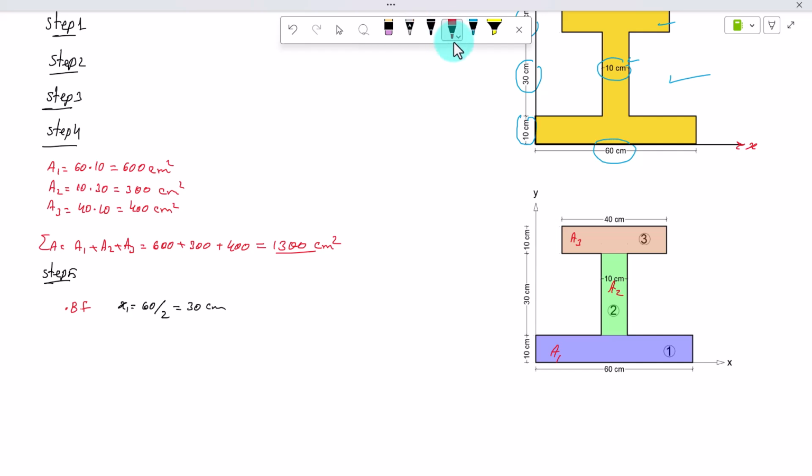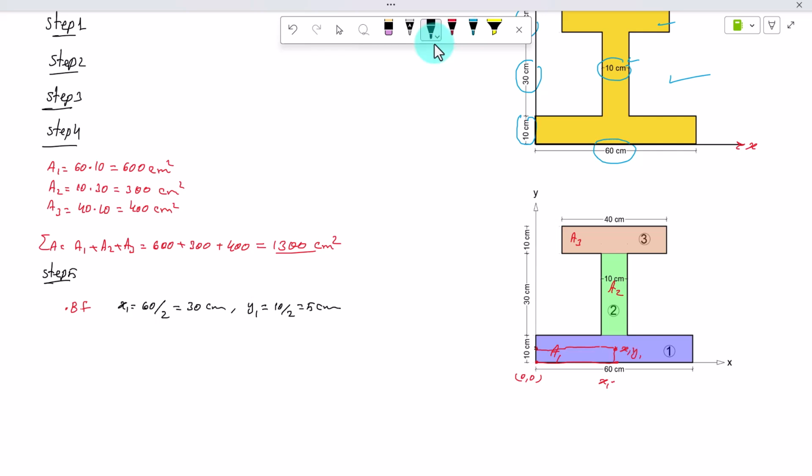Our origin point here is 0,0, from here to here. This is x1. Now we can write y1. y1 equals 10 divided by 2 equals 5 centimeters. It is half of the bottom flange height from the origin. Yeah, this point.